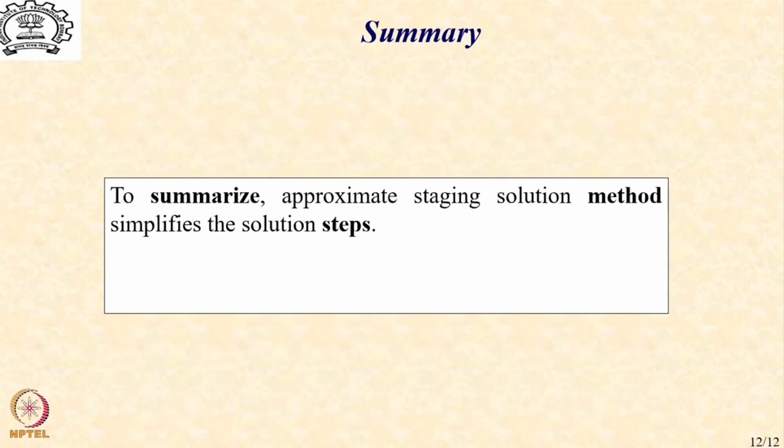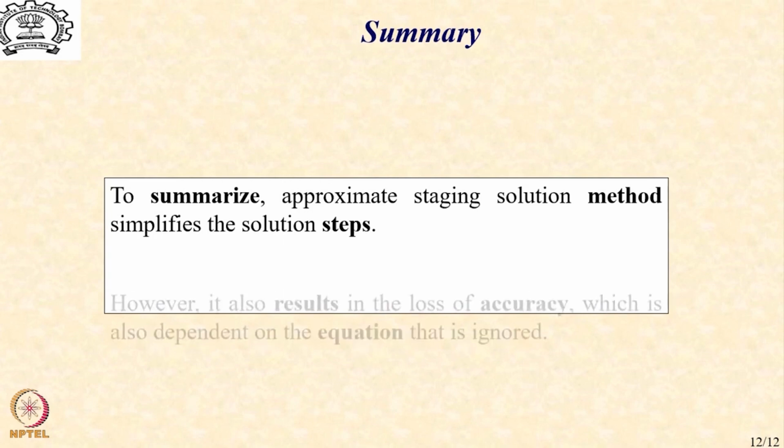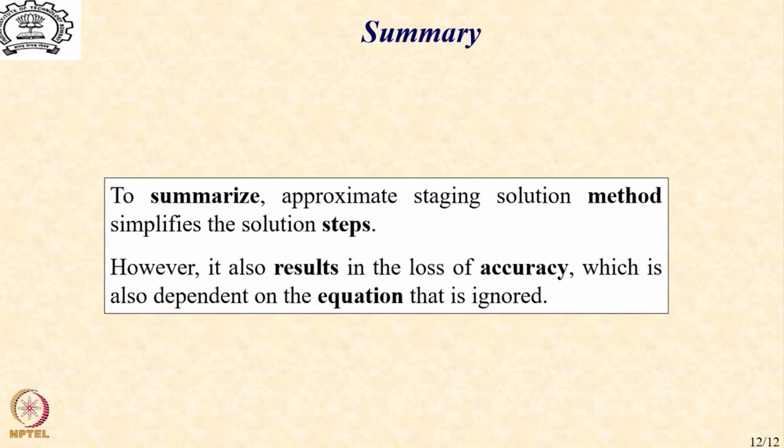So to summarize, the approximate staging solution method simplifies the solution steps. That is clear to us. However, we also see that it results in loss of accuracy, and moreover, that loss of accuracy is also dependent on the equation which is ignored.